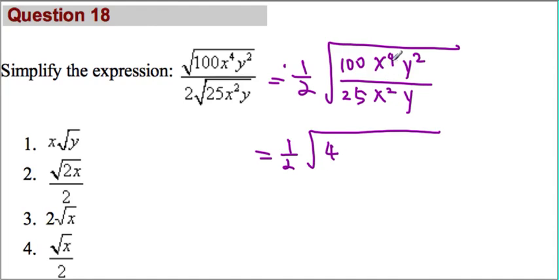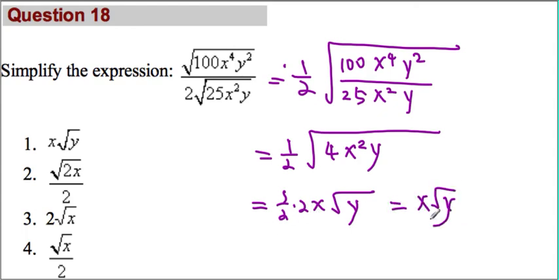I have x's multiplying together, x to the fourth power, divided by x squared. That means we have x squared. Two of them canceled out. y squared and then y, we only have y left over. So then here, 4 can come out, becomes 2, so 1/2 times 2. x squared comes out, and square root of y that's left. 1/2 times 2 becomes 1, which cancels out. We end up having x square root of y. That becomes our final answer, which is choice 1.